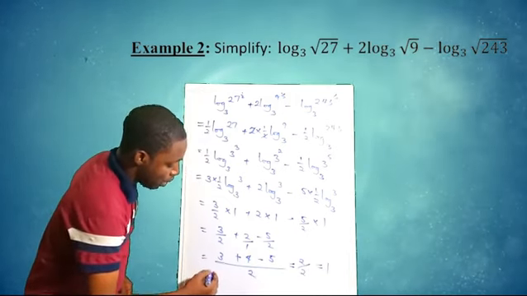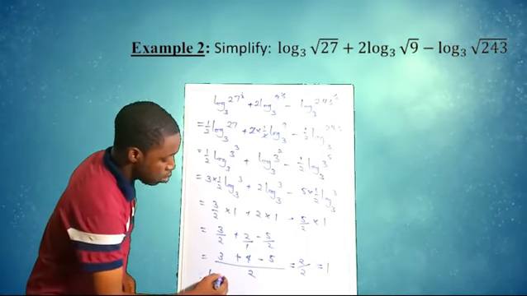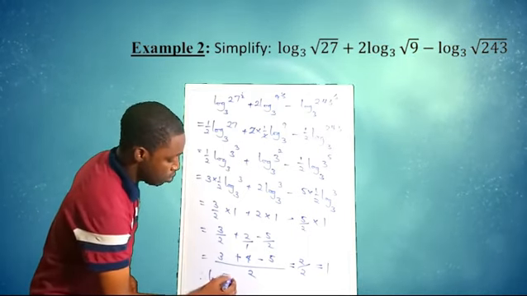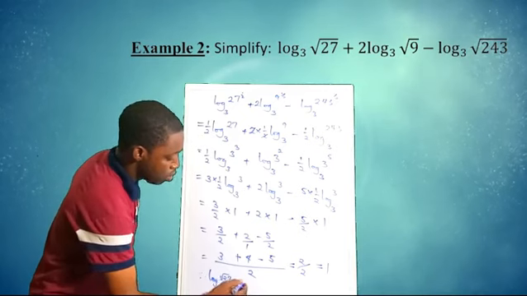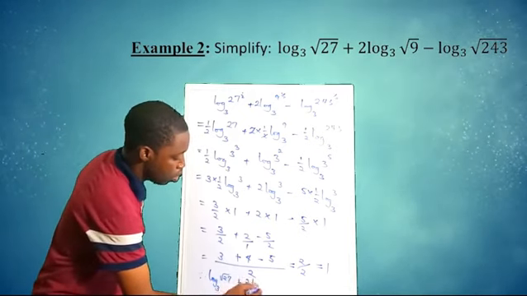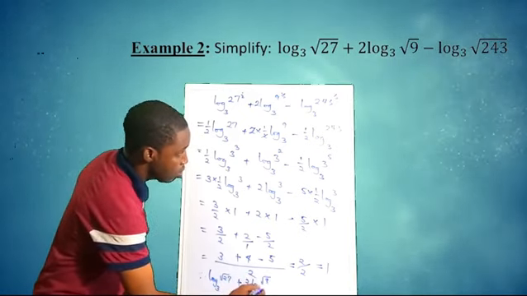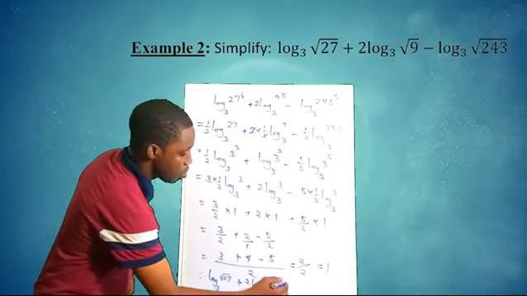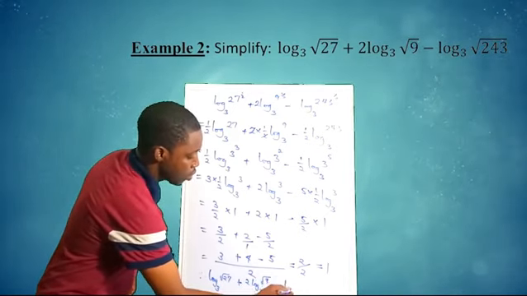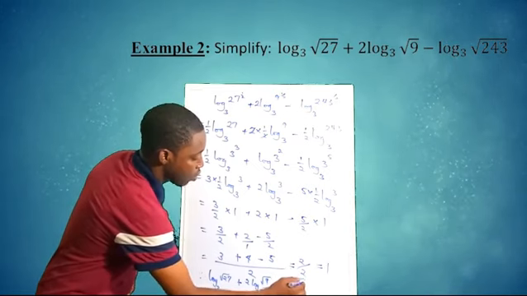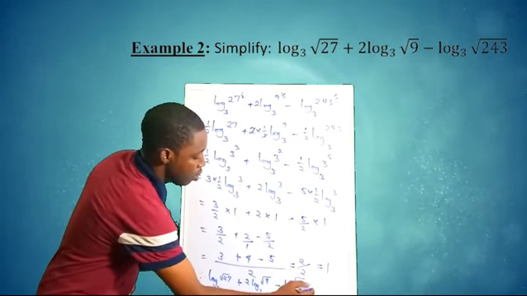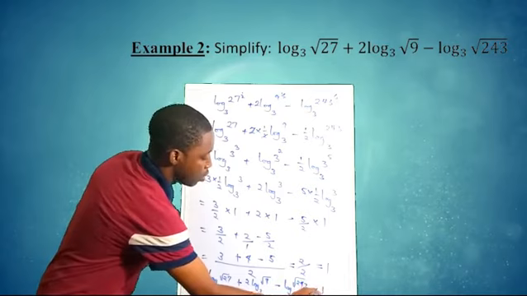Therefore, we can say that log square root of 27 to base 3 plus 2 log square root of 9 to base 3 minus log square root of 243 to base 3 is equal to 1.